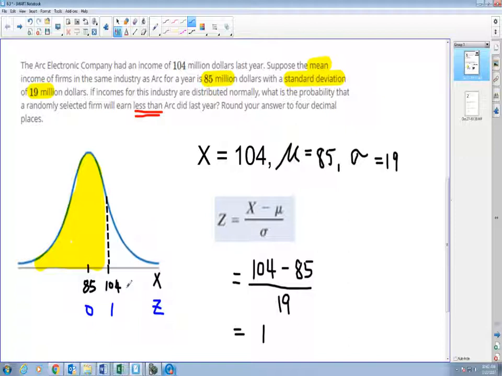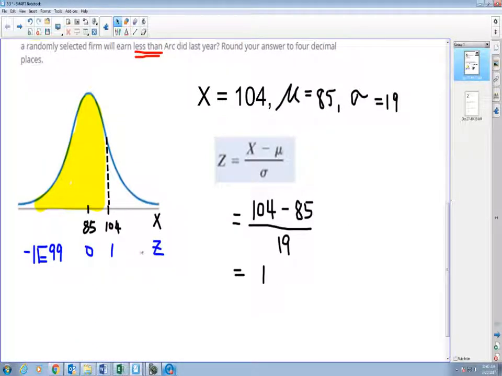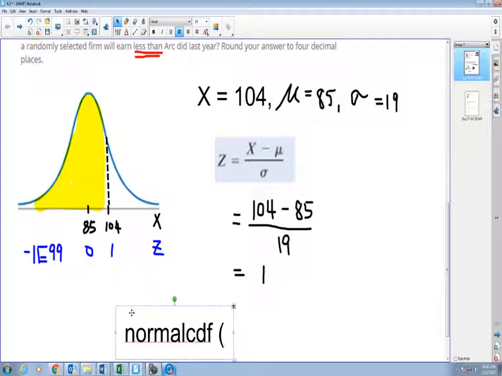But what I need to find is the area to the left. So for the area to the left of my z-score of 1, there's no left bound, so we type in negative 1e99 all the way up to 1. That would be normal CDF, negative 1e99 comma 1 comma mean 0 comma standard deviation 1, since we're using the standard z-score.